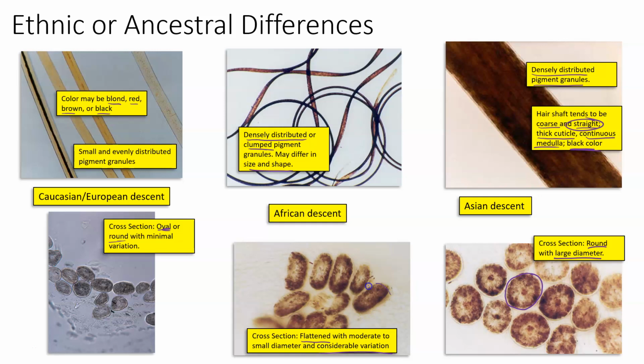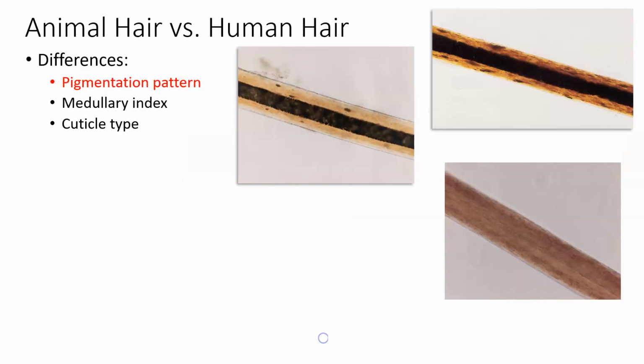And so the more flattened and the smaller diameter a hair is, the more curly it is, and the more tightly packed it is on the head. Okay, so there are three different classes of individuals, and you can see that there are key differences between these different descents that are very easy to tell with general microscopy techniques.